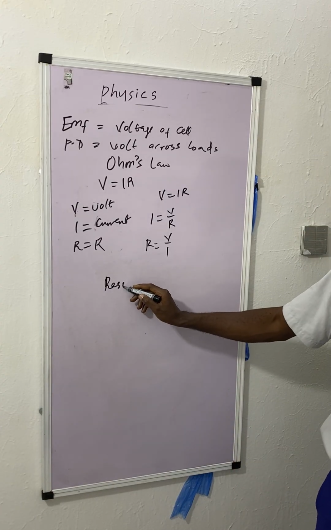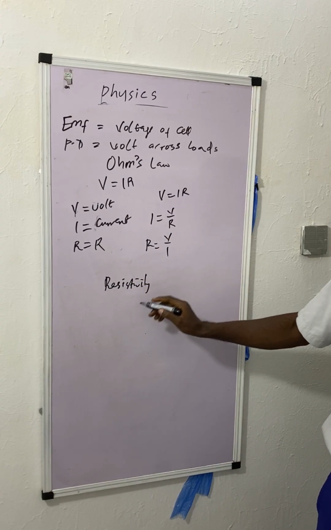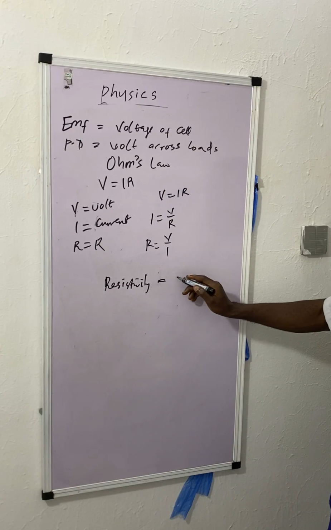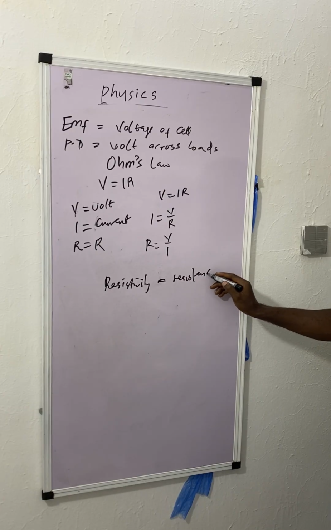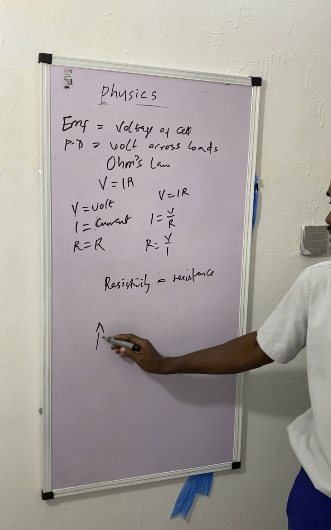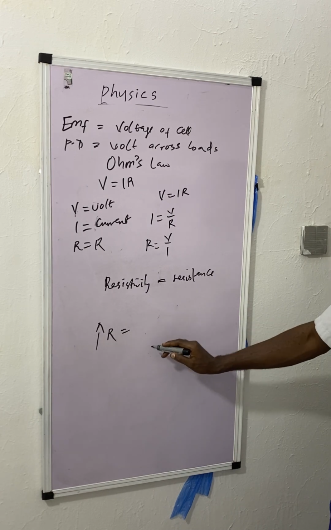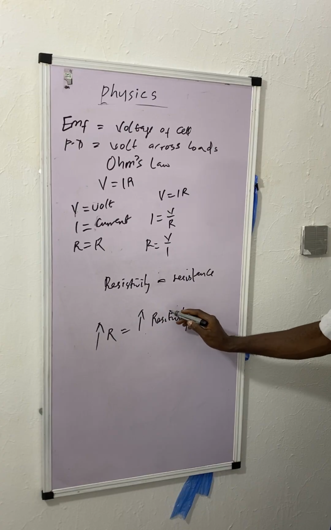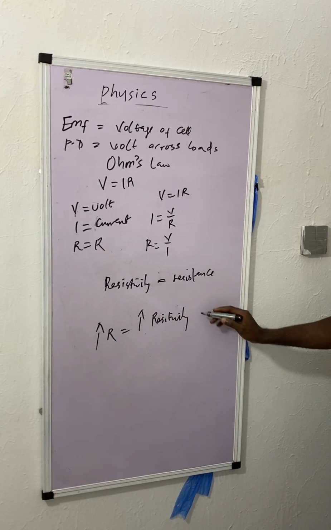Remember, resistivity is directly proportional to resistance. So when the resistance of a wire increases, resistivity increases.